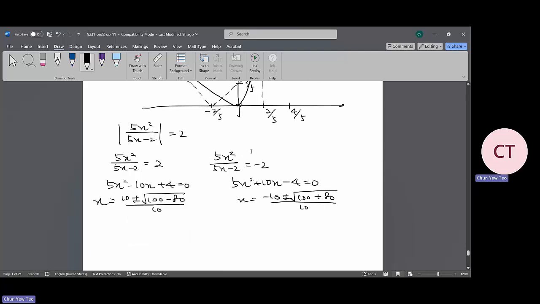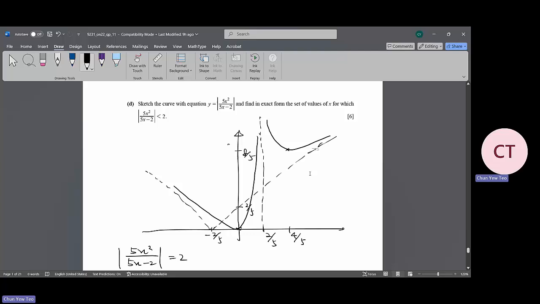We just need to use our calculator to make it become this. Another one is negative 1 plus minus square root of 5 over 5. Simplify them. Okay, so this is what we have.